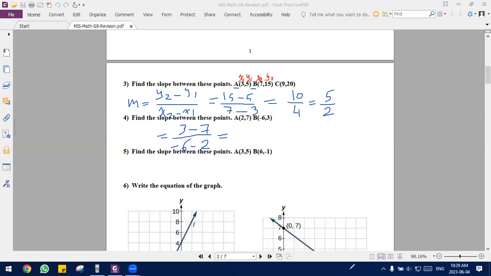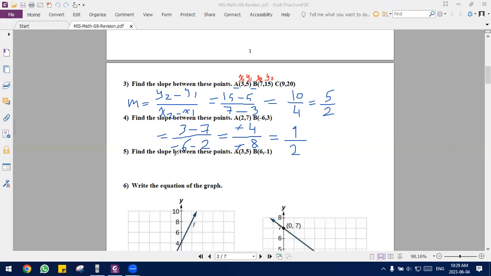Now when I solve it, in the numerator, 3 minus 7 is minus 4. Minus 6 minus 2 is minus 8. Now we need to simplify it. Minus and minus will cancel. Now it's positive. 4 over 8, we can divide it by 2, oh no, we can also divide by 4. So it will be 1 over 2. So this is the simplified answer.